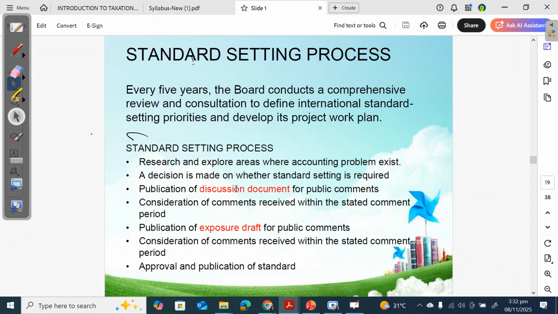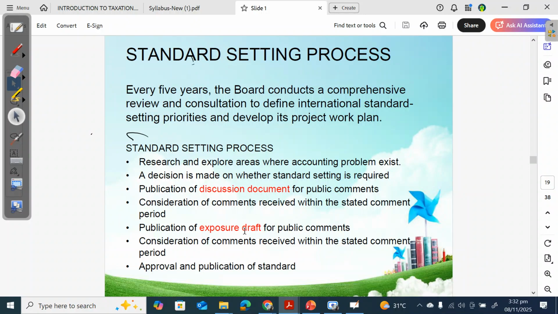It's like they throw the issues to the accounting community and gather ideas from various sources. After the publication of the discussion document, they will collect all the comments from the accounting community. After collecting the comments, they will do an exposure draft.